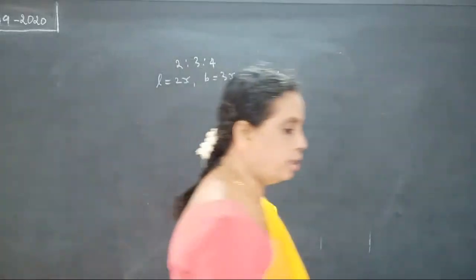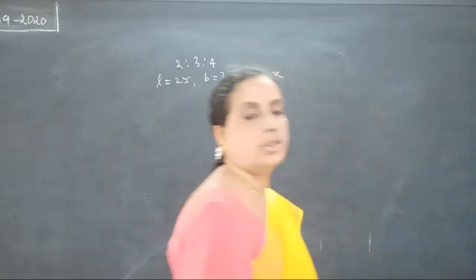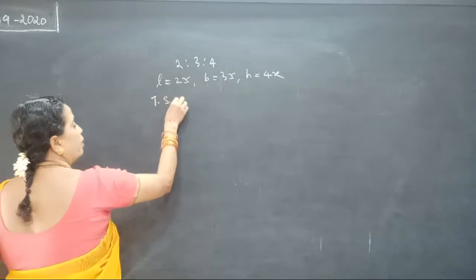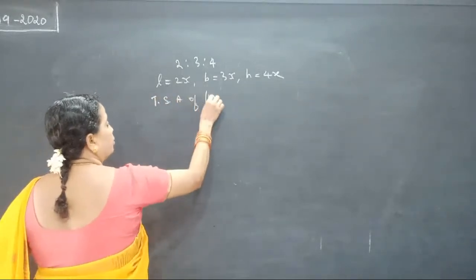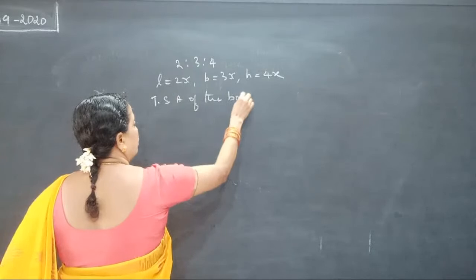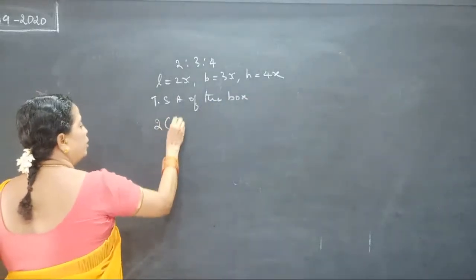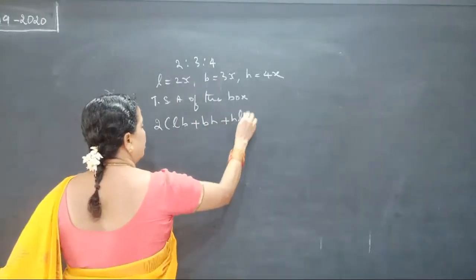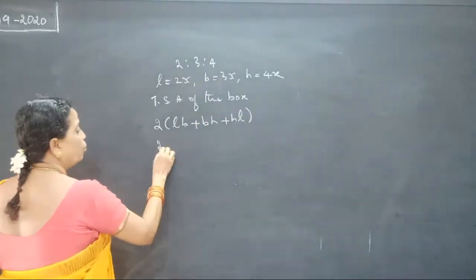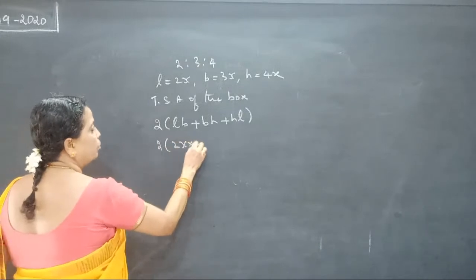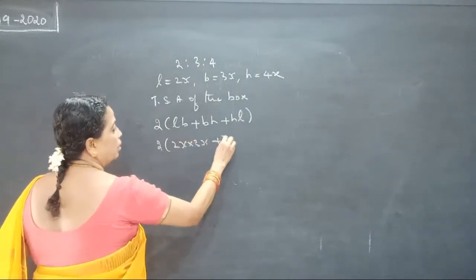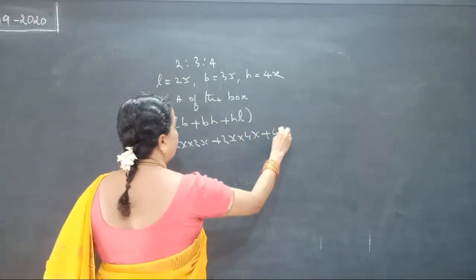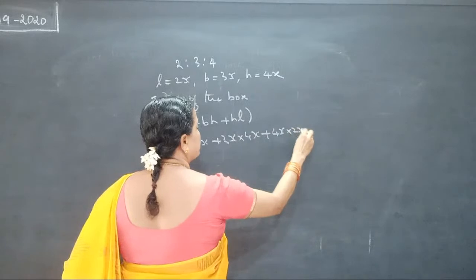So now with the given ratio only, let us calculate the surface area of the box. Total surface area of the box with the formula 2 into (LB plus BH plus HL), that is 2 into (2x into 3x, 3x into 4x plus 4x into 2x).